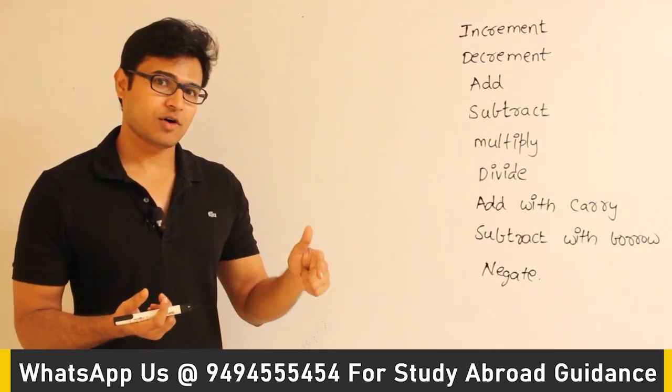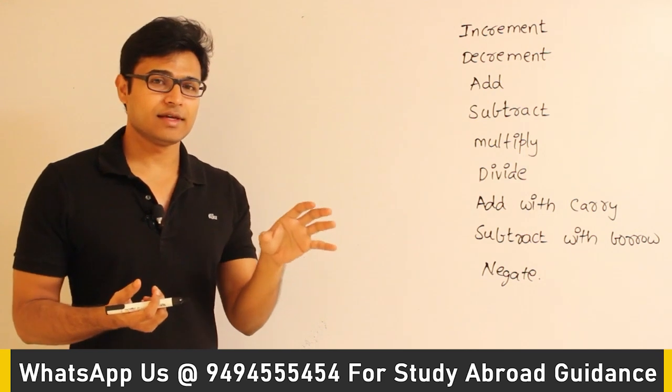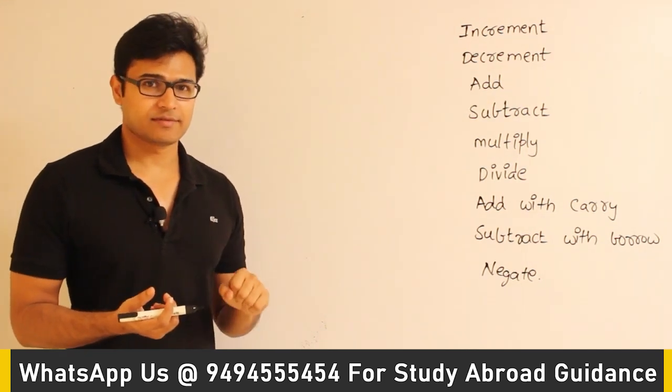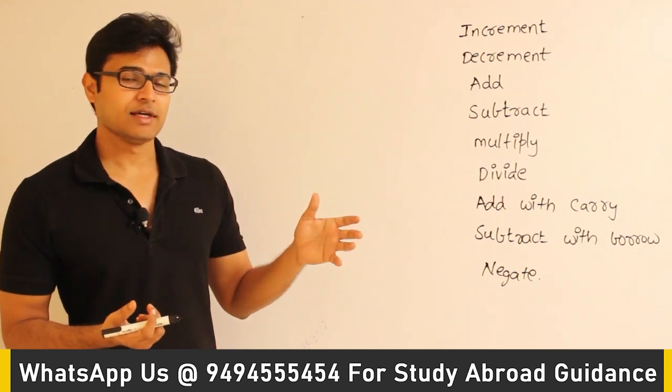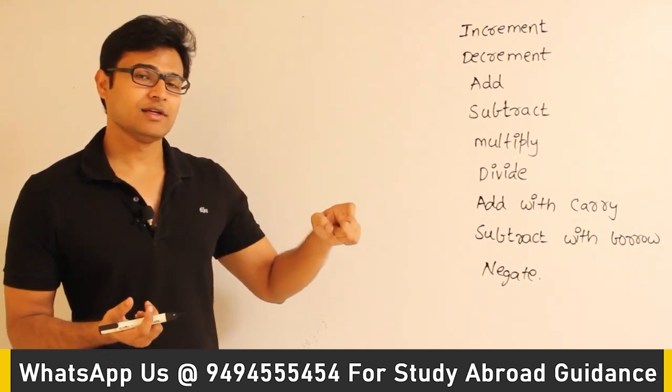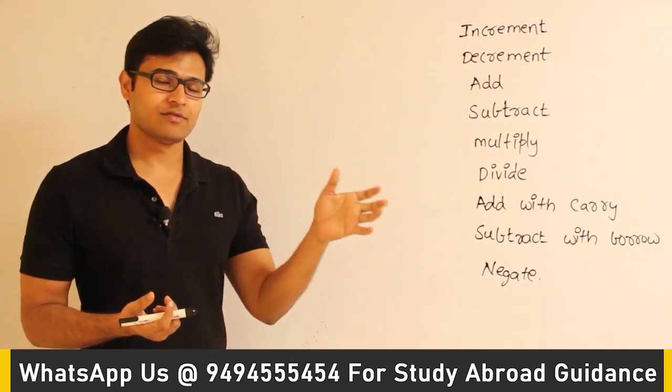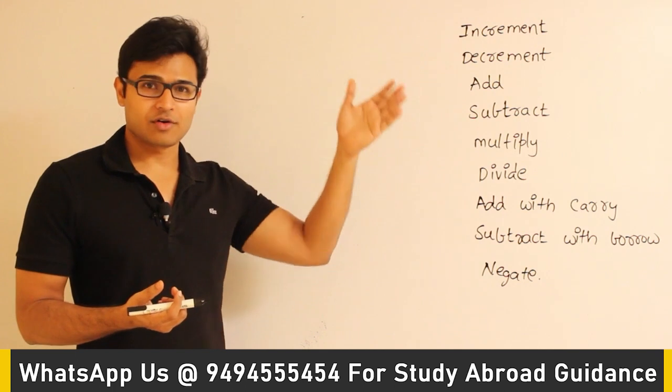In order to perform the operation, the actual hardware circuit in the arithmetic logic unit will come into the picture. So before providing the inputs to this arithmetic logic unit, we have to do a lot of things.